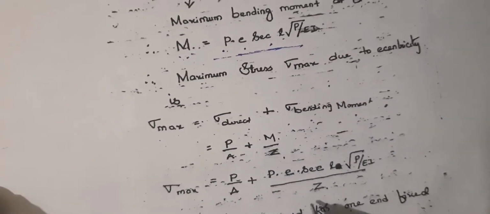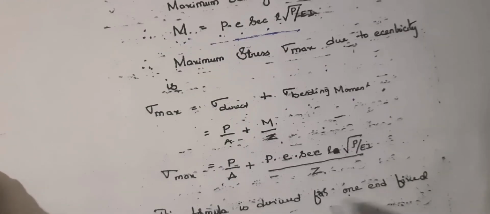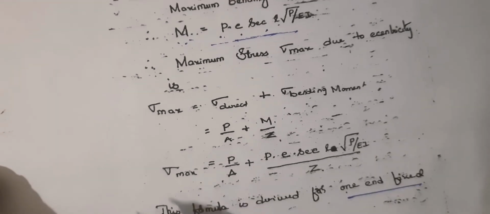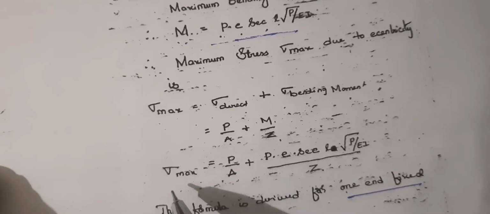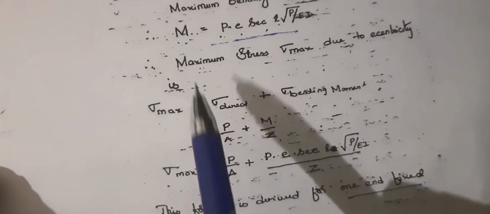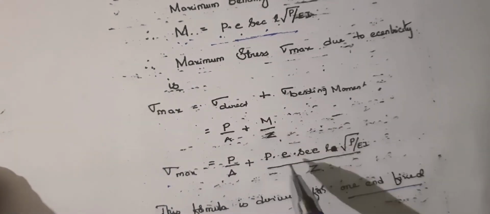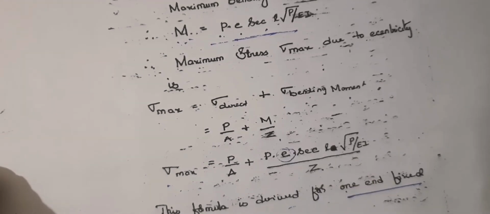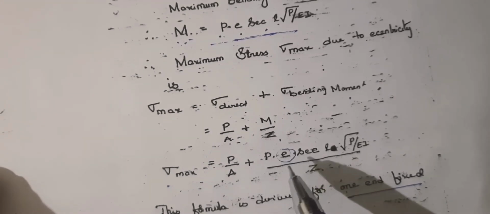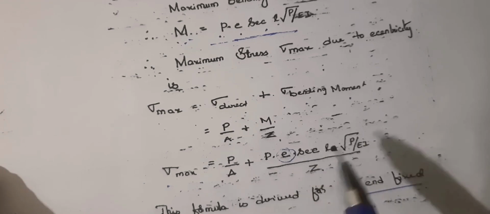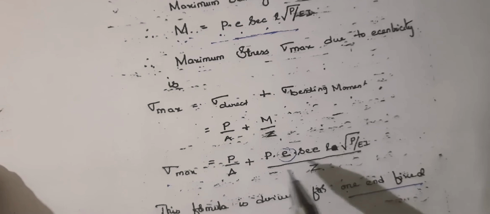Now we have seen at the beginning, sigma max equals sigma direct plus sigma bending moment, so P by A plus M by Z. Put M equals this here, and this is the formula derived for one end fixed and the other end free. This is the expression to calculate the maximum stress in this column due to eccentricity E. There is only a very minute difference in the expression, so it is not difficult to remember these simple equations.